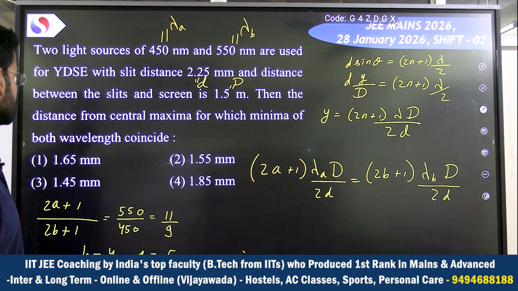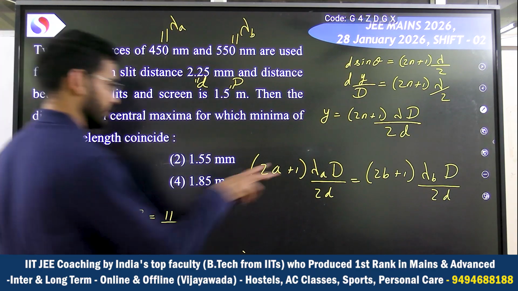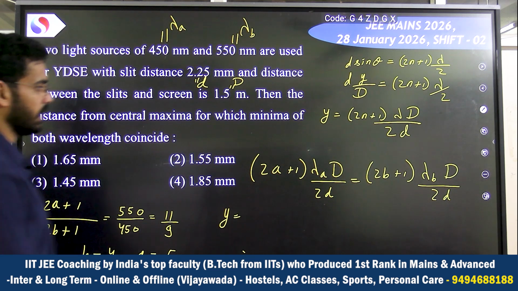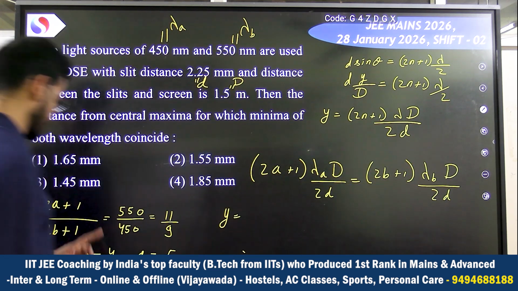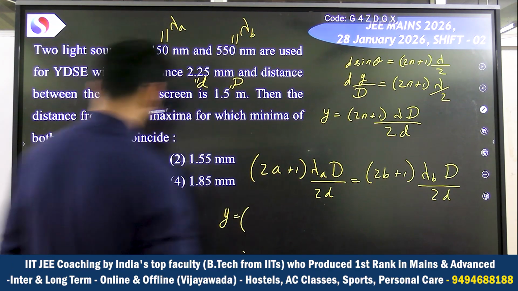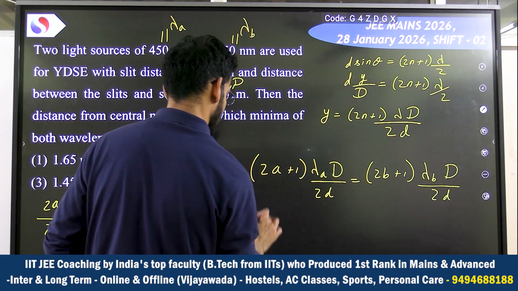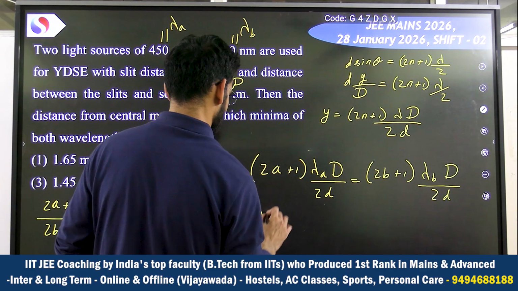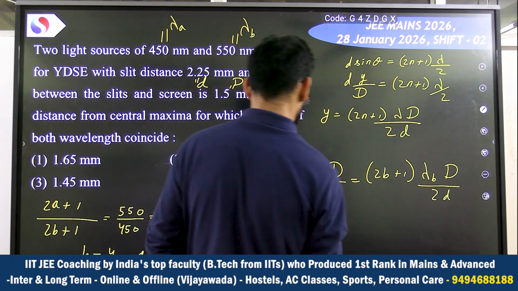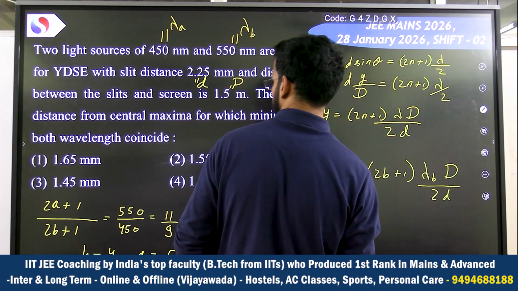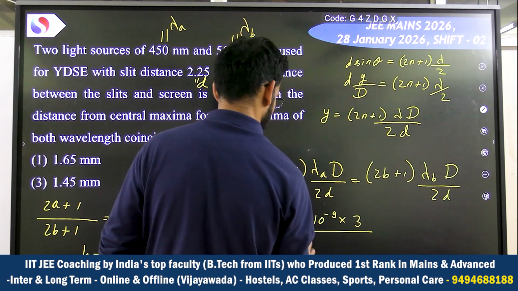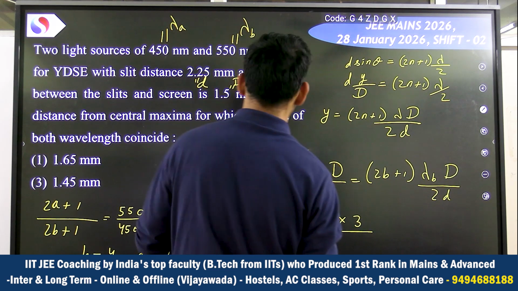But he's not asking this, he's asking what the distance is. So he is asking this y only, right? You can go with this, then you put the A value 5 and lambda A value. Or if you go with the other, you put the B value 4 and lambda B value. I'm going with this one. So 2 times 5 plus 1, that is 11, into lambda A, which is 450 nanometer, and in mm he is asking, so 10 to the power minus 9, into capital D, that is 1.5, that means 3 by 2, divided by 2 times small d, that is 2.25 mm.